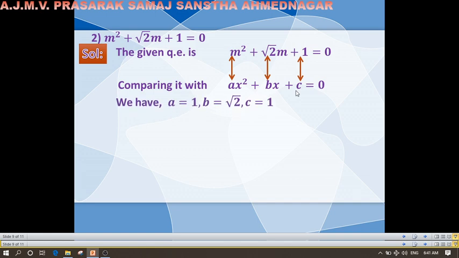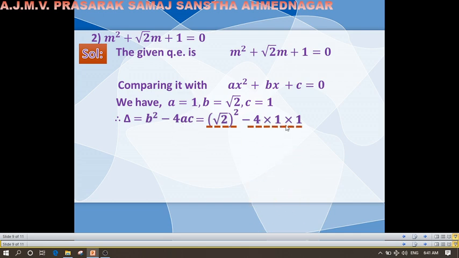So the value of the discriminant delta is equal to b square minus 4ac. Here b is root 2, so the square of root 2 is 2, minus 4 as it is, into a into c, means into 1, so 4 into 1 into 1 is 4.